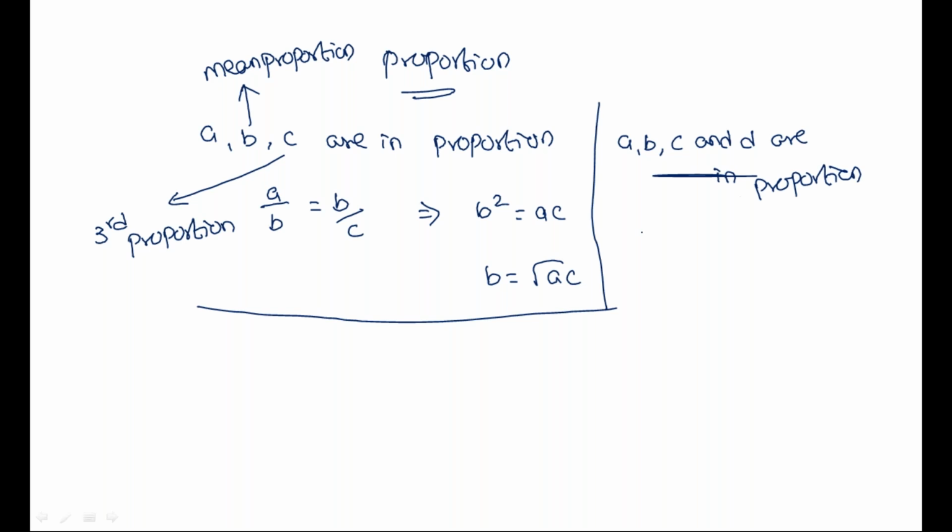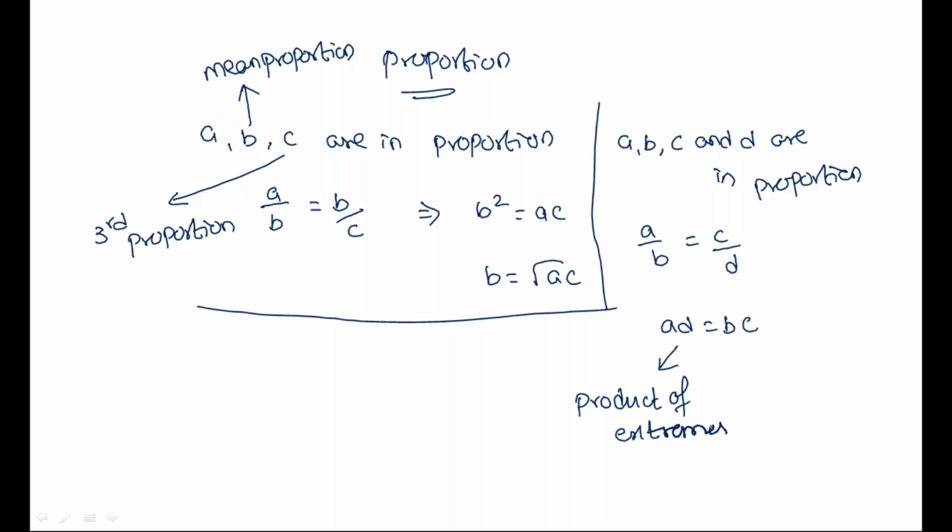If A, B, C, D are in proportion, then A by B equals C by D, or else A into D equals B into C. You have one phrase called product of extremes equal to product of means.